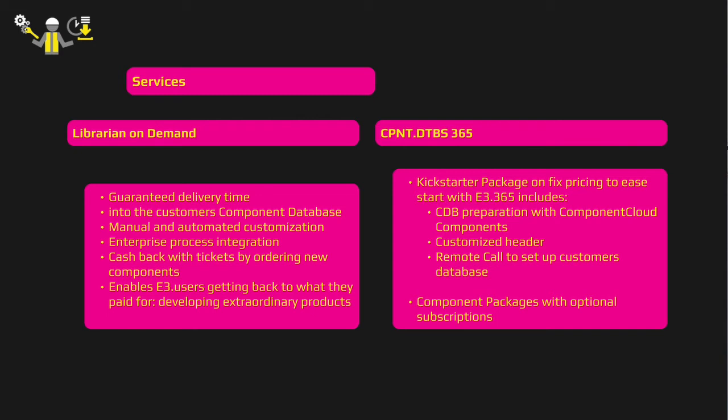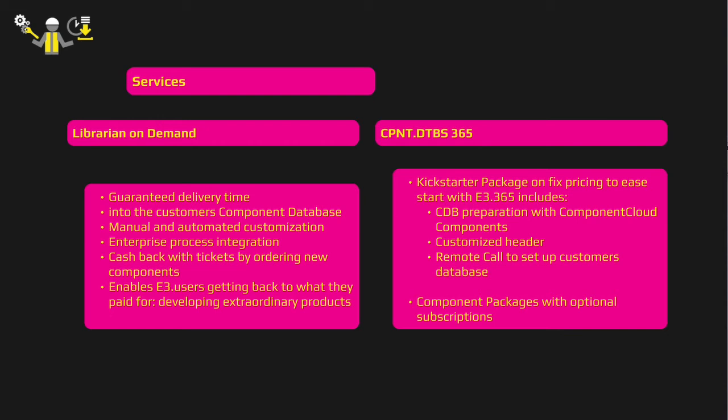On the right hand side we have got a new product which was developed exactly for E3.series 365 users. Based on the on-demand licensing concept, it's necessary to get up and running with the database as fast as possible. Therefore, we are providing Kickstarter packages at a fixed price with a certain amount of components included, which are already available, and the database set up with certain customer specific attributes, and of course sheet templates.